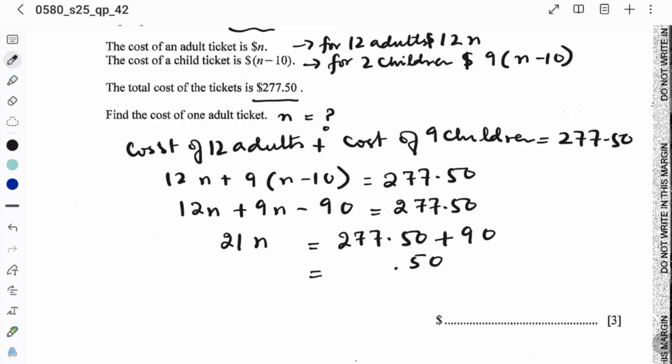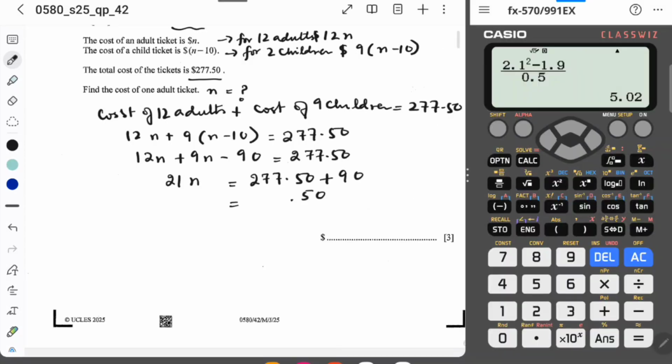Just wait. 277.50 and plus 90 is equals to 367.50. Alright, so after that it is 21n equals 367.50, and then divide your answer by 21.